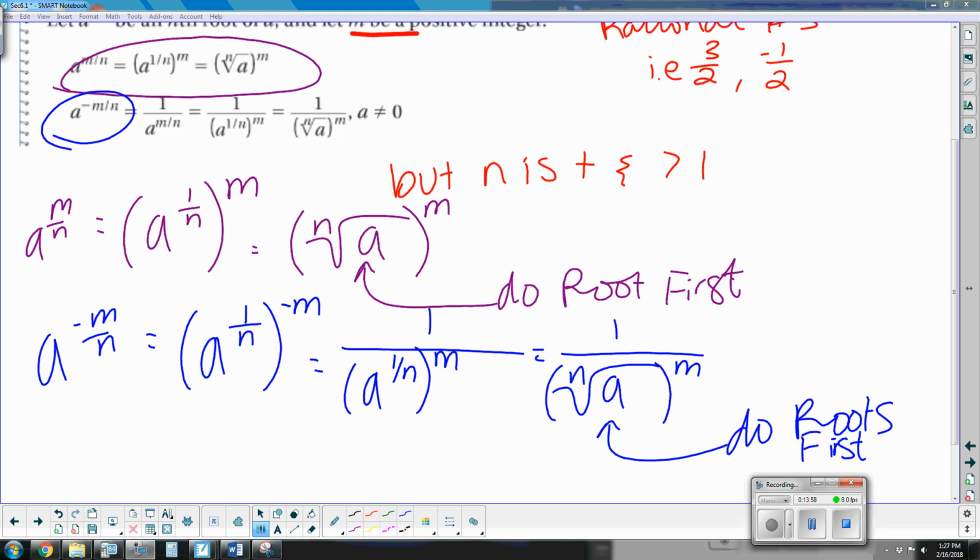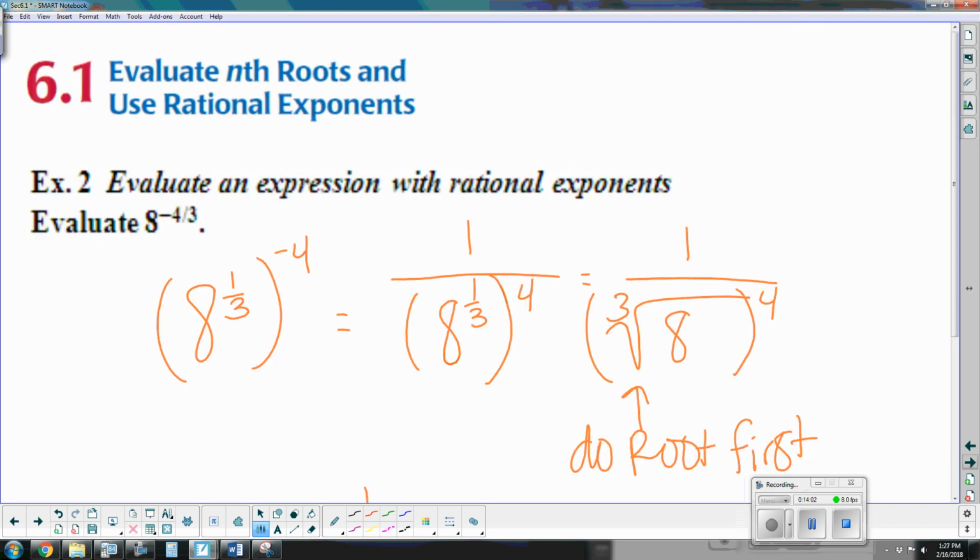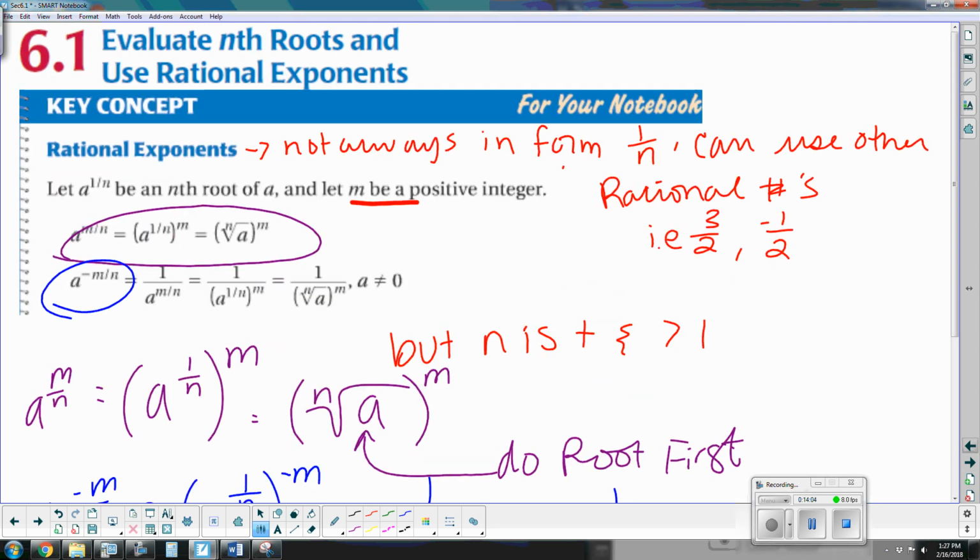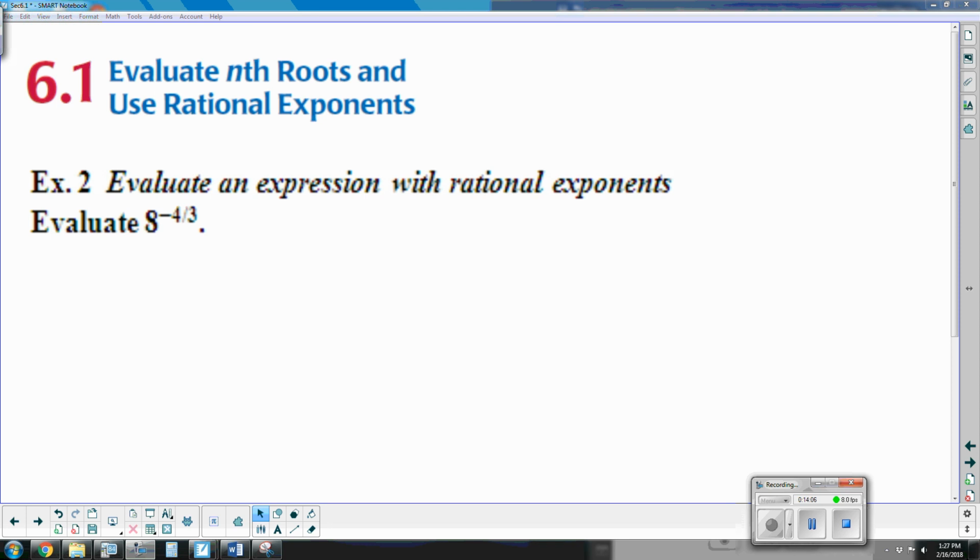So let's look at your next example. Evaluate the expression with rational exponents. So in this example, we're evaluating 8 to the negative 4/3 power.